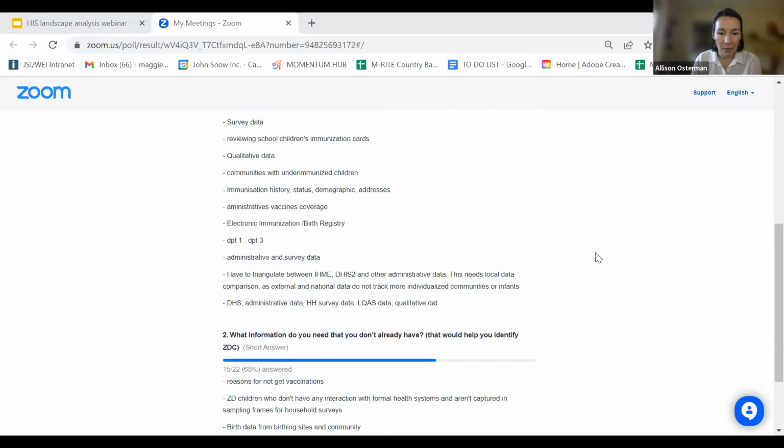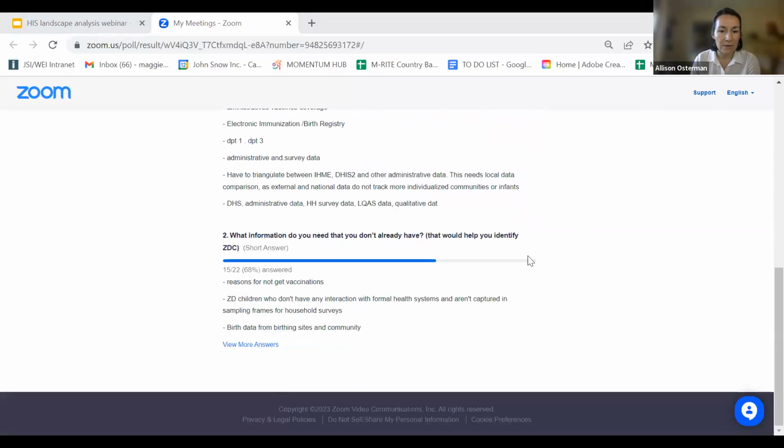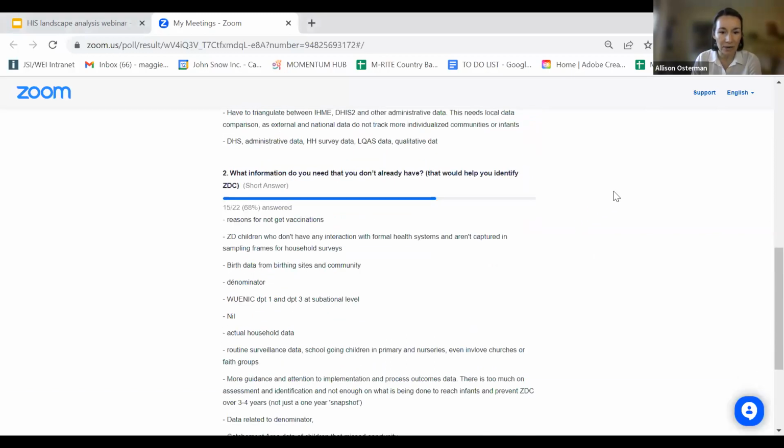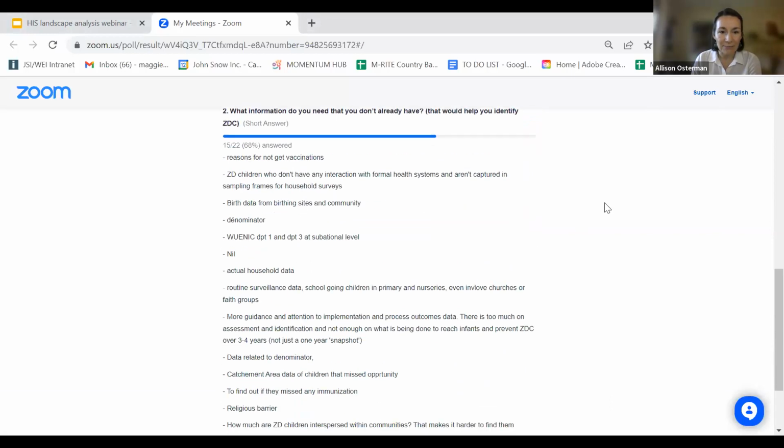And then for our second question, what information do you need that you don't already have that would help you identify zero-dose children? It looks like some of the information needs relate to reasons for not getting vaccinations, zero-dose children who don't have any interaction with formal health systems and aren't captured in sampling frames for household surveys.